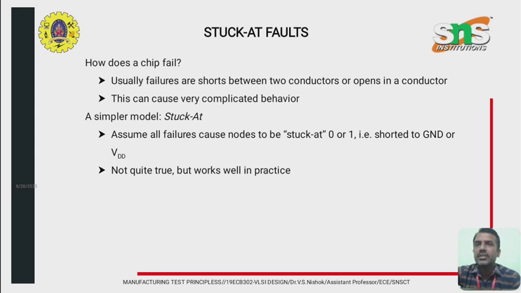And then coming to the faults that occur while we are testing. Stuck faults mean the output is stuck at either logic 0 or logic 1. That is called a stuck fault, due to shorting or some fluctuations, so the output will be stuck at either 0 or 1.